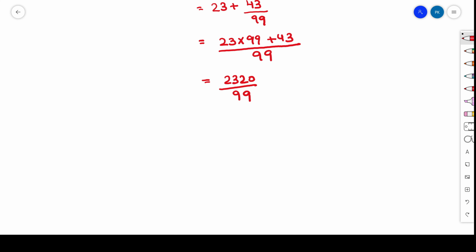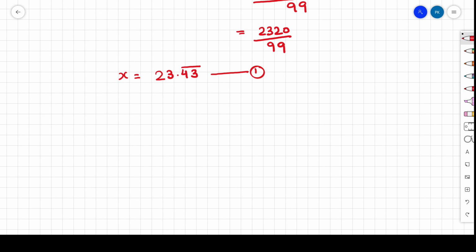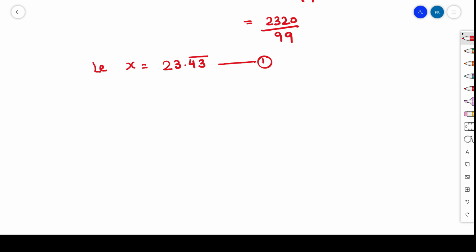Now if we solve it with our proper method, we should get the same answer. Let us see. Let x be equal to 23.43 bar. I am assuming that you will do the steps yourself and those steps will be correct. We will be multiplying both LHS and RHS by 100. Why are we multiplying it by 100?